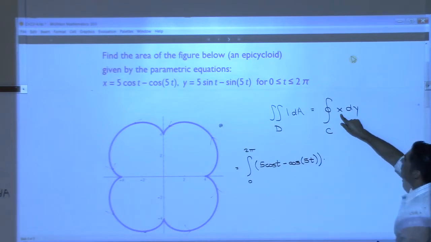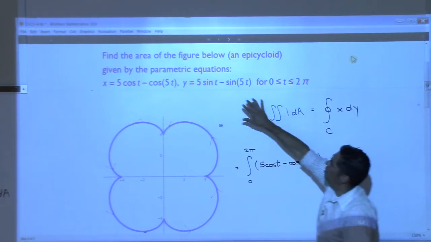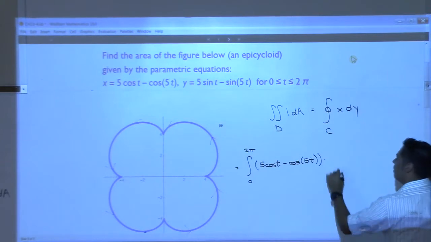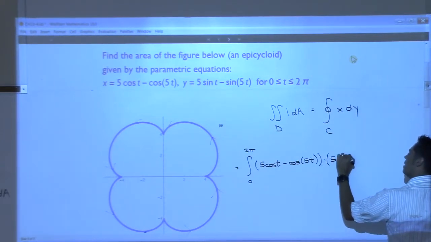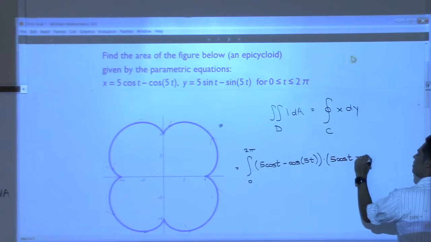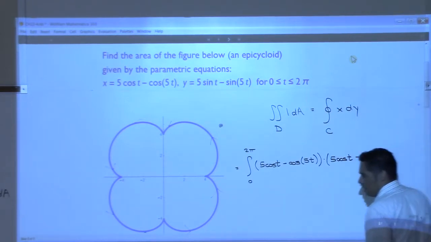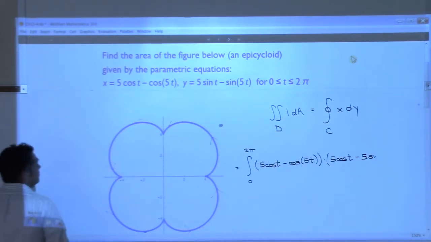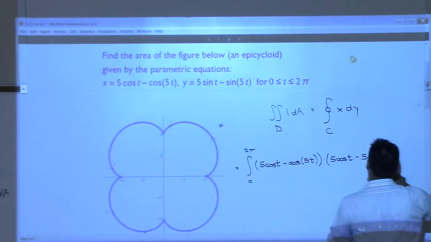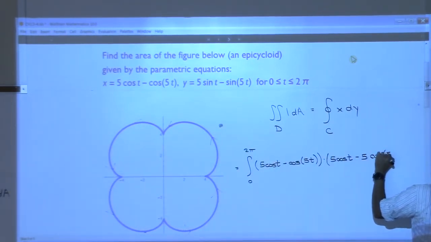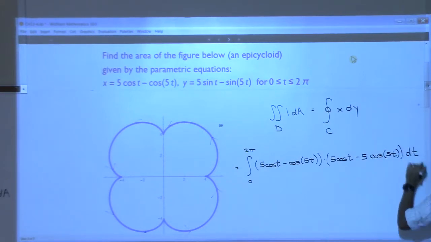And then times dy, which is the derivative of this one, right, with respect to t, which is 5 cosine t minus 5 cosine 5t. dt. Understand? X dy. And now, as long as we can integrate that, we're in business.